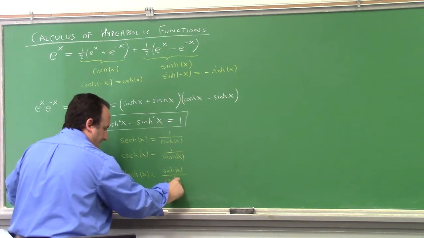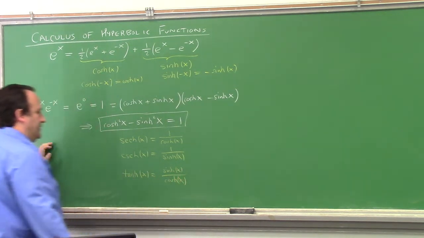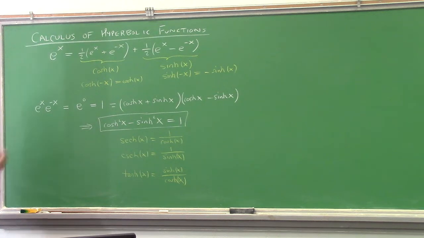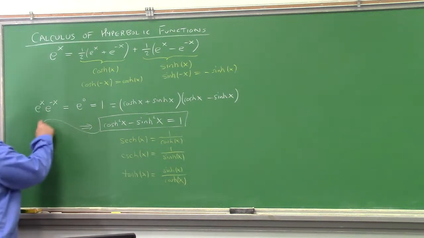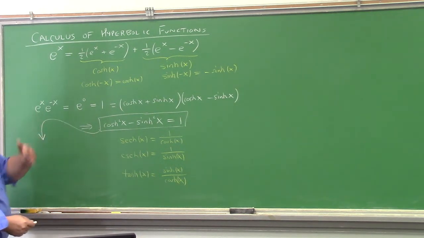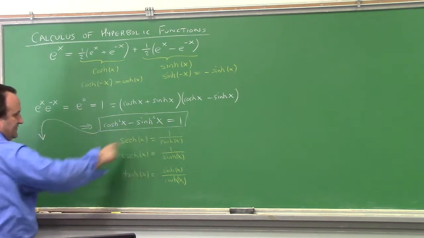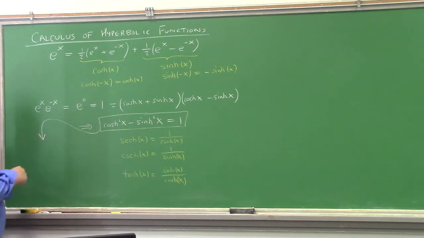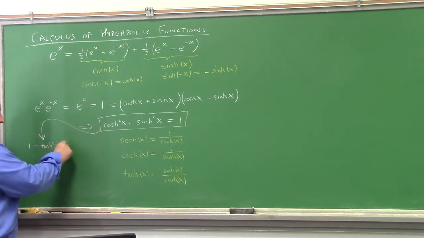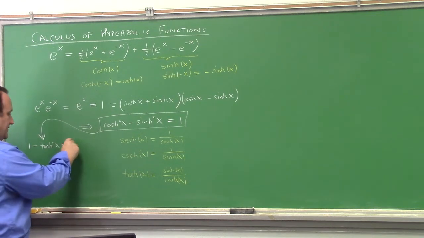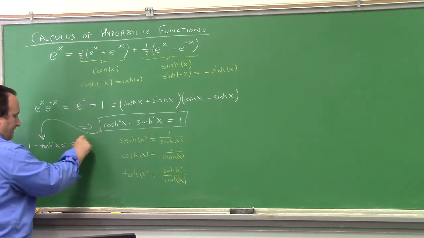And there are identities for these. If you take the fundamental identity and divide by cosh squared, we get 1 minus (sinh over cosh) squared equals 1 over cosh squared, which is to say 1 minus hyperbolic tangent squared is equal to 1 over cosh squared, which is hyperbolic secant squared.